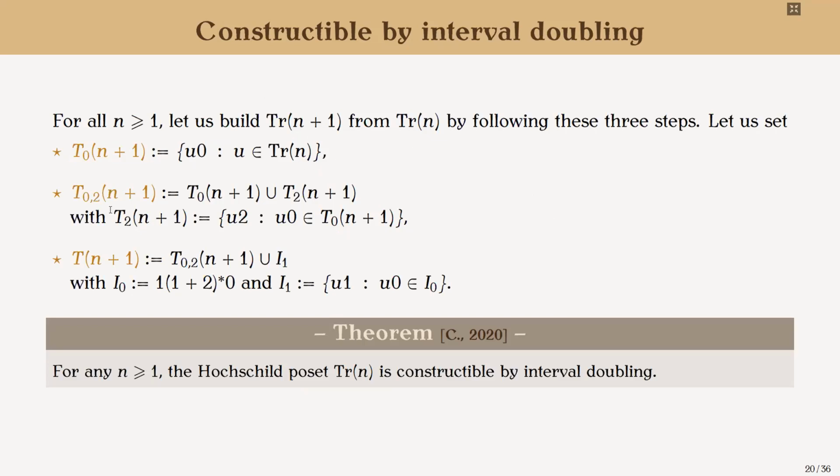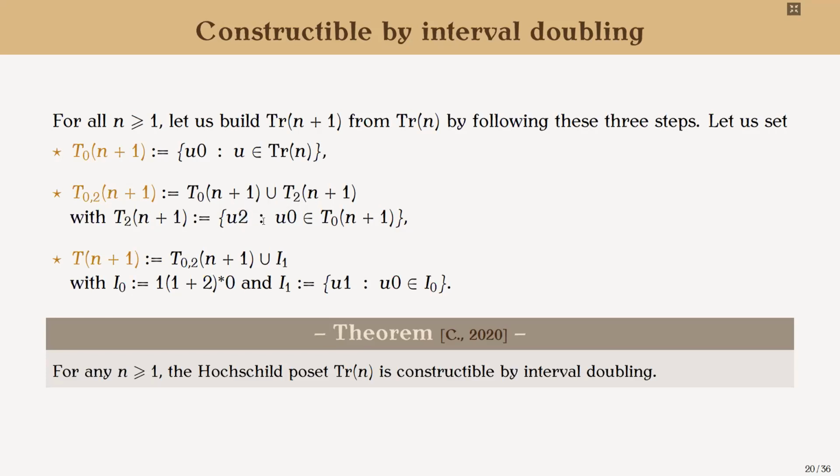The second step is to consider the union of T0 with T2, where T2 is simply another copy of T0, where we replaced the last letter of all triwords of T0, which necessarily end by 0, by 2.